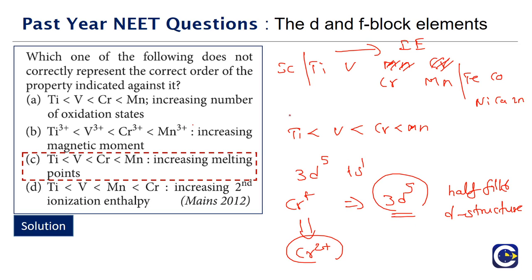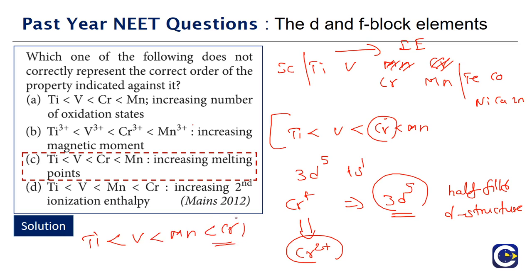Generally what we expect is titanium less than vanadium, less than chromium, less than manganese. But because we have to disturb the 3d5 structure and remove the electron, chromium will have a higher value than manganese itself. So the correct order will be titanium less than vanadium, less than manganese, less than chromium.